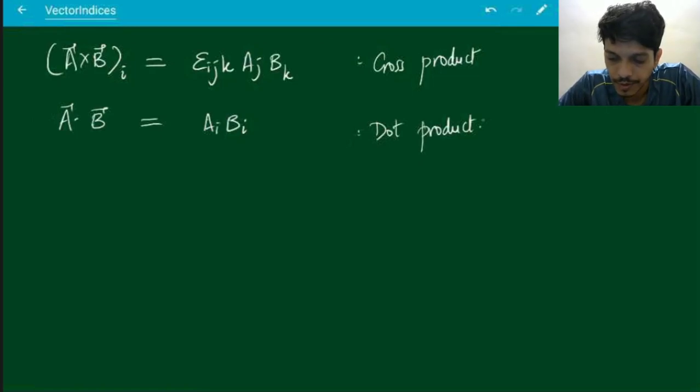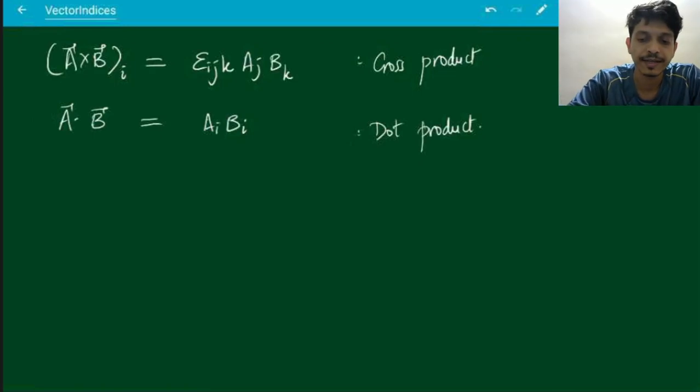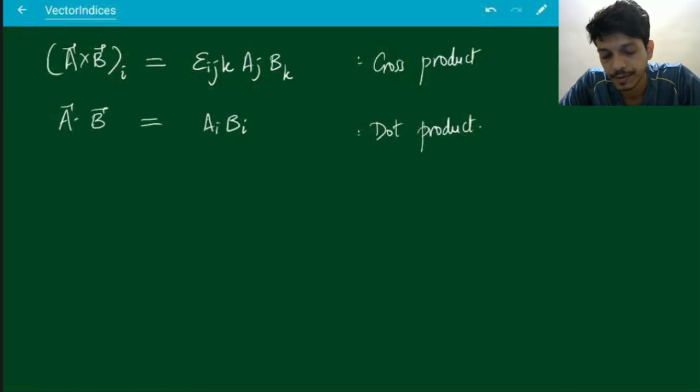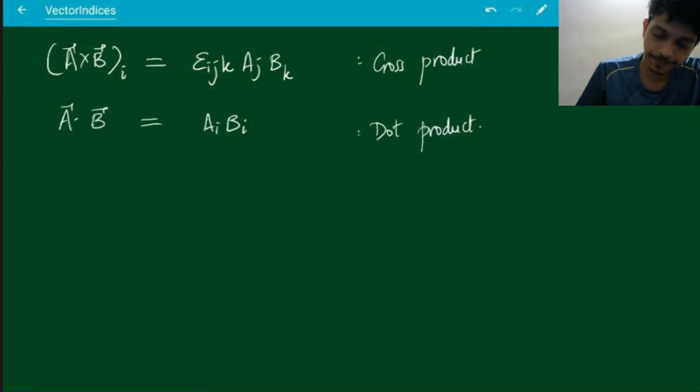So this was the Kronecker delta and the Levi-Civita symbol. The last thing that I want to tell you is how to relate these two, the Levi-Civita symbol and the Kronecker delta. And that expression, I'm not going to prove it, you can probably just try out different combinations and verify that it works.